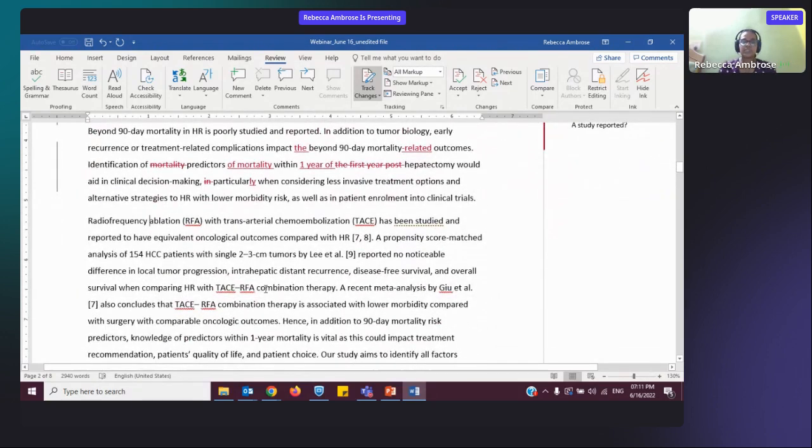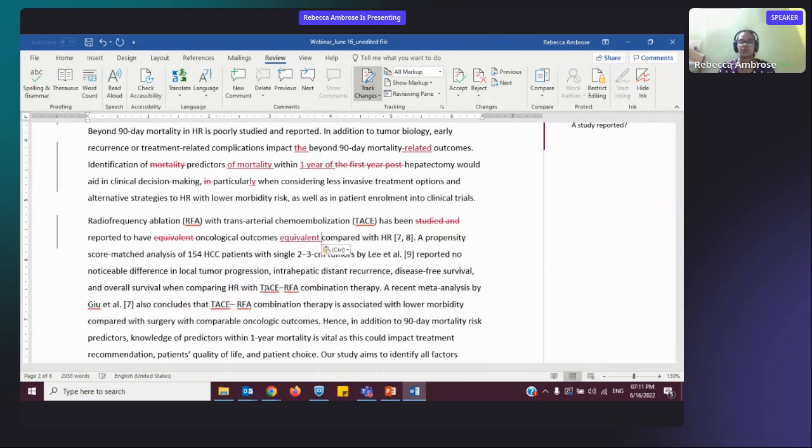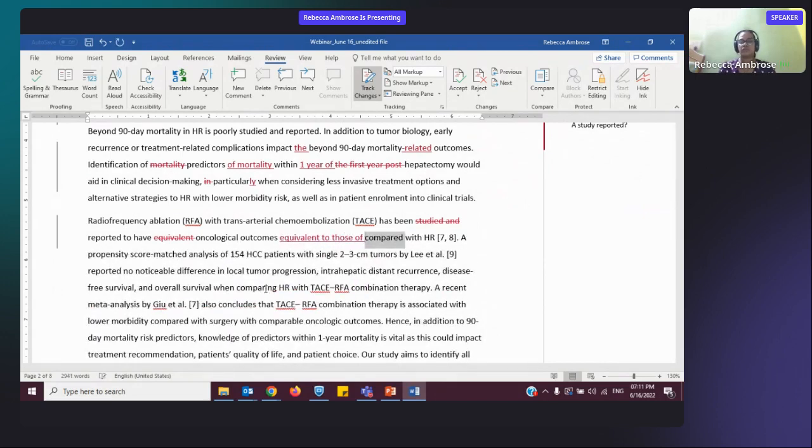Radio frequency ablation with transarterial chemoembolization has been studied and reported. Now, I can just remove this whole thing, because if it has been reported, it means it has been studied, has been reported to have equivalent oncological outcomes compared with HR. So I'm going to say has been reported to have oncological outcomes equivalent to those of hepatic resection.